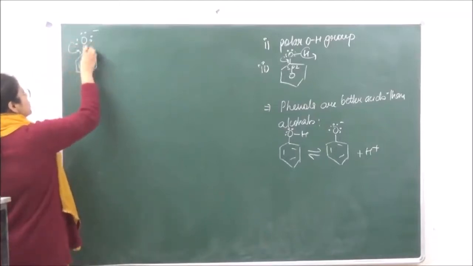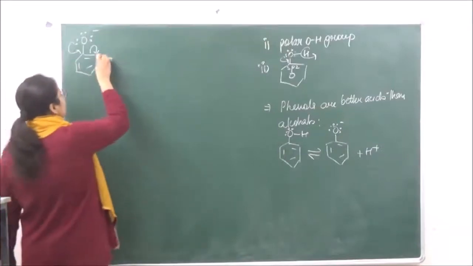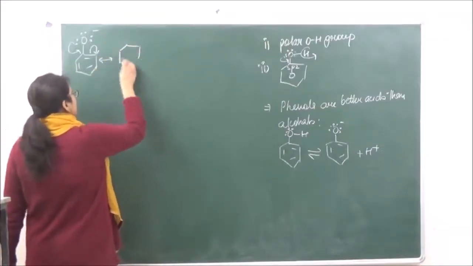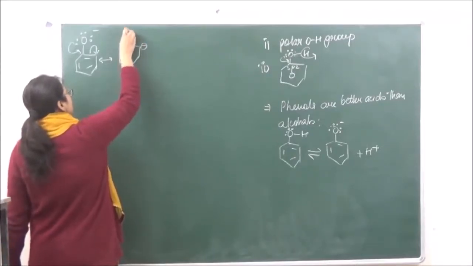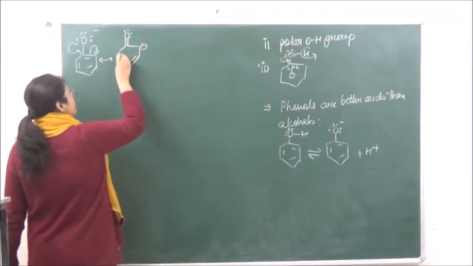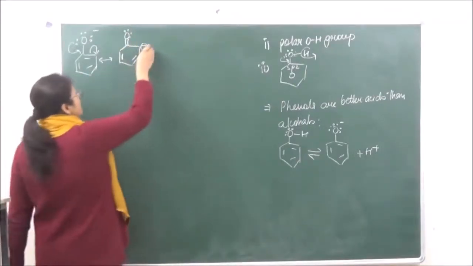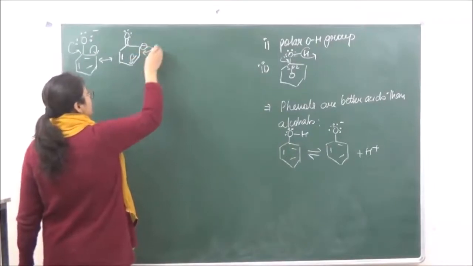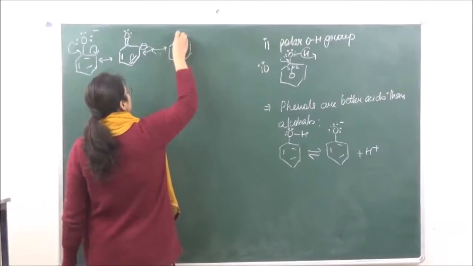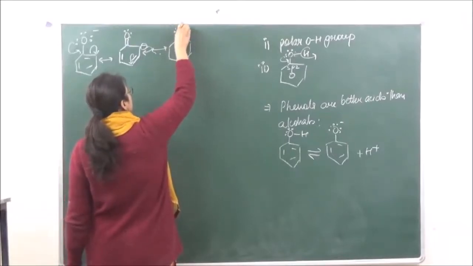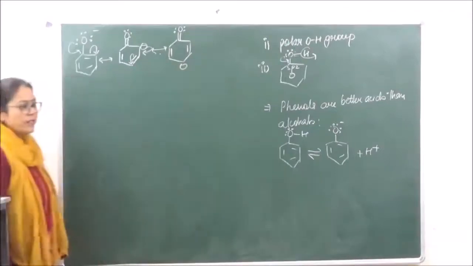From here, these electrons will shift over here, such that the negative charge, you can see, is going to be dispersed in the entire benzene ring. So this goes over here. This is going to be the next structure.